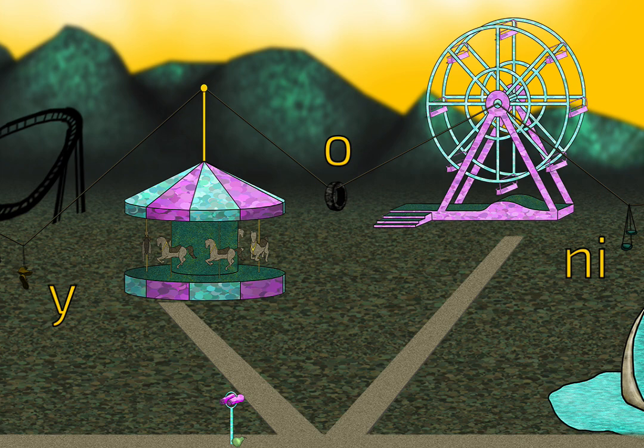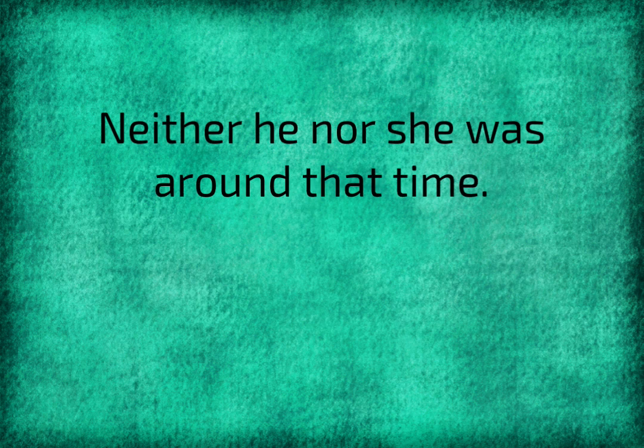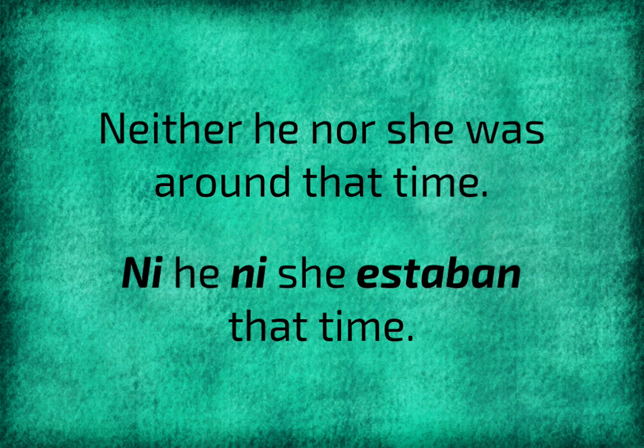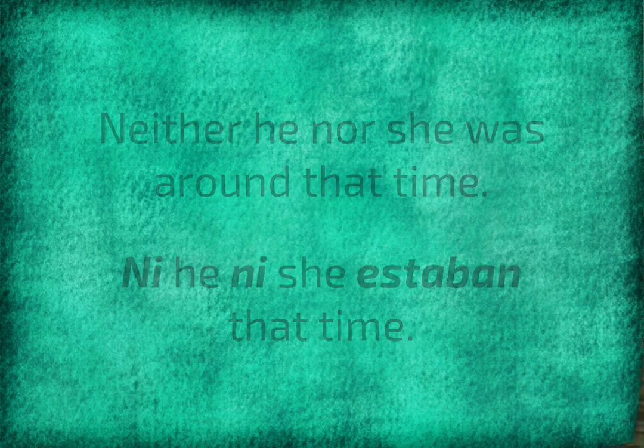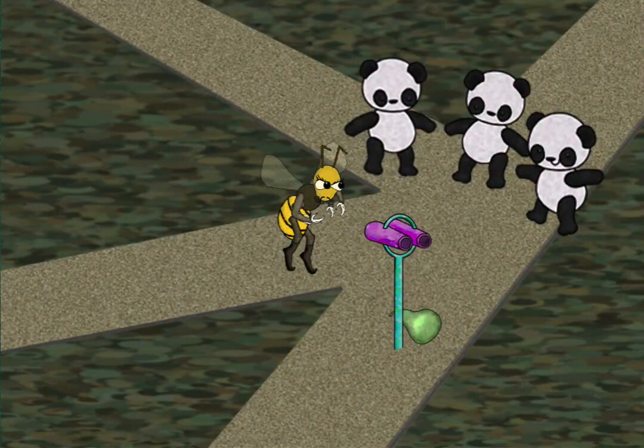But they are particularly special. They're often used between items in a list. For example, Joel might say, "Neither he nor she was around that time." To say this, he would say, "Ni he, ni she estaban that time." Let's learn two more conjunctions before we go to the rides themselves for prepositions.